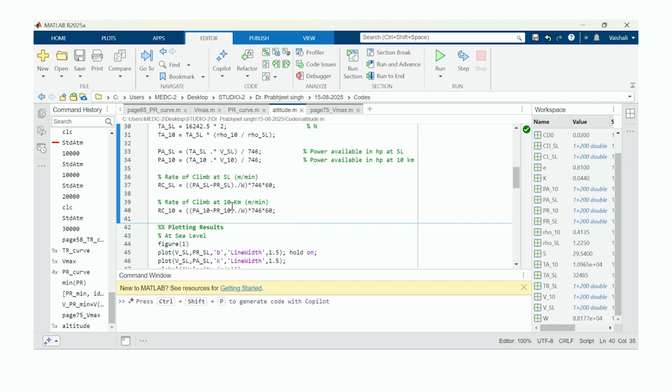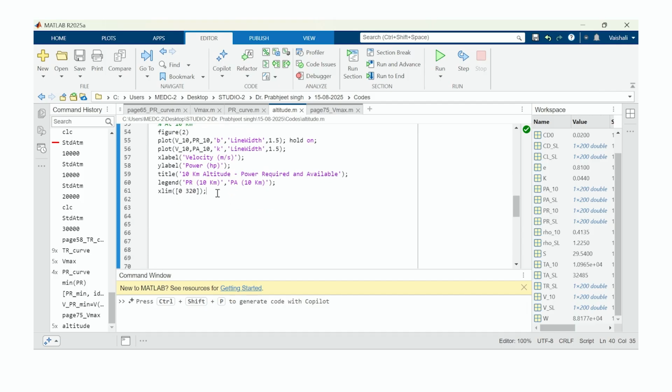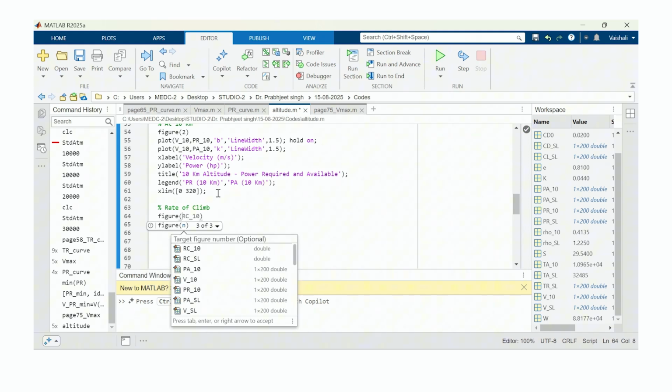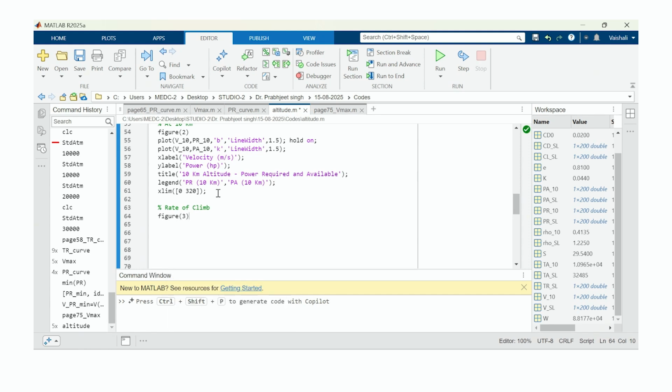Now let us plot rate of climb. Consider this as figure number 3, which is rate of climb.